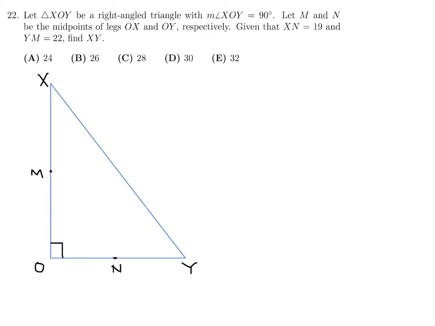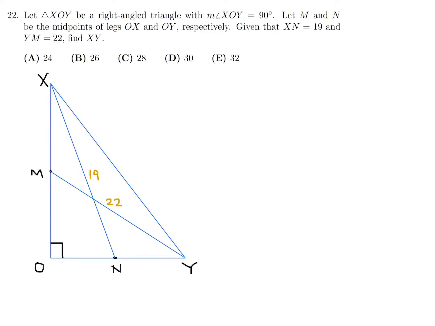And they are giving us some distances, so we'll have to draw in some lines from X all the way to N, and Y all the way to M. They've told us that XN is 19 and YM is 22. Find XY. So they want us to find that length right there.